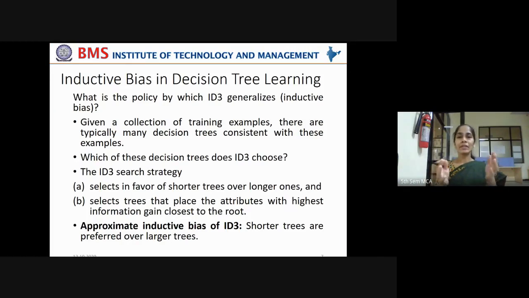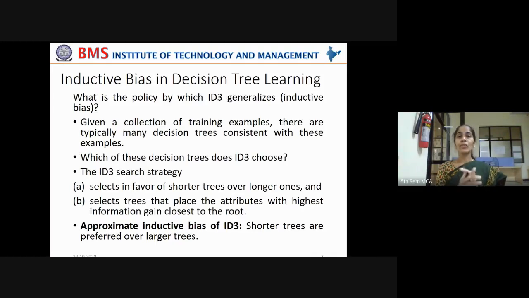Got it? So this inductive bias is the assumption we make. In Find-S and candidate elimination algorithms, the inductive bias of the model is, it doesn't contain disjunctive hypothesis. It contains only conjunctive combination of attributes in the hypothesis.